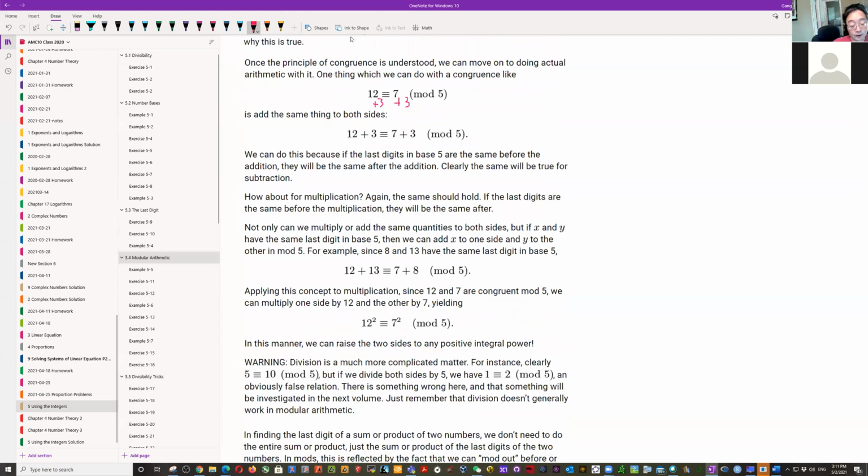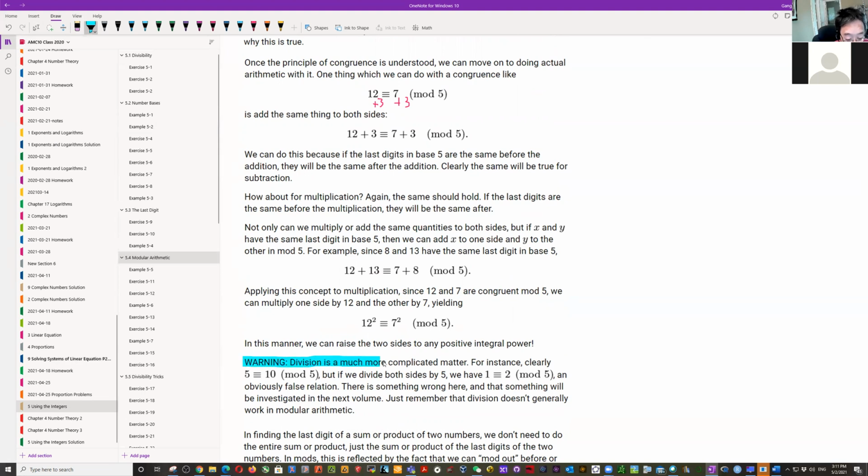And the last digit operation works for addition and multiplication, but the mod number does not necessarily work for division.